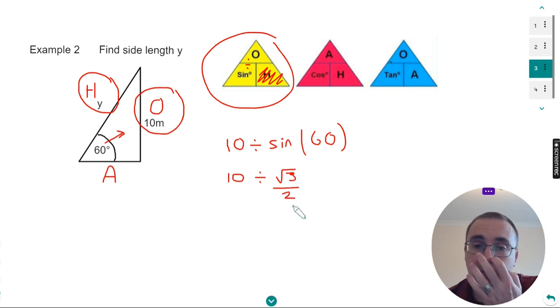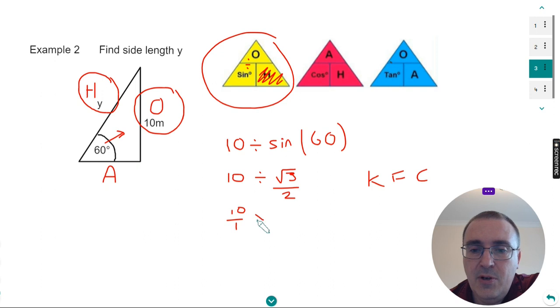We now need to divide by this fraction, so we can use the rule keep, flip, change to help us work it out. We keep the first fraction the same, so 10 is 10 over 1. Change the divide to a times, and flip the second fraction over, so it becomes 2 over root 3.